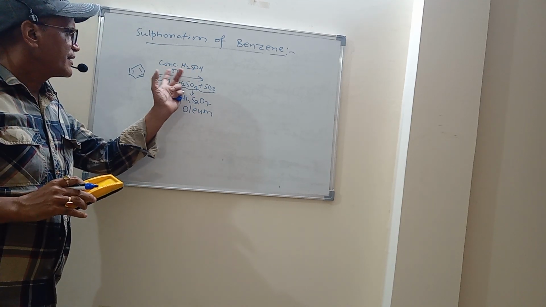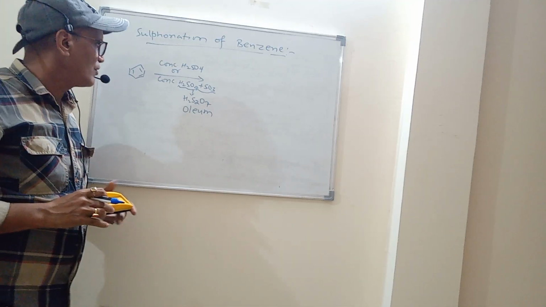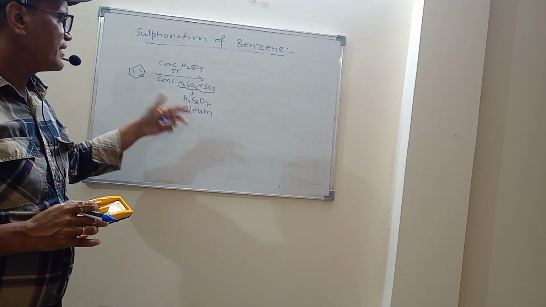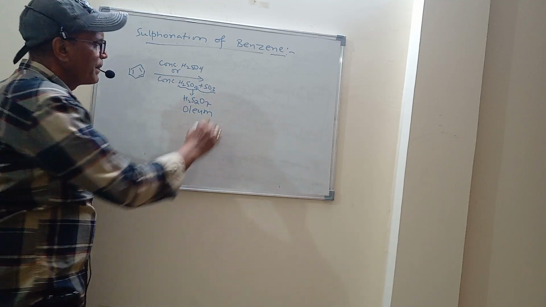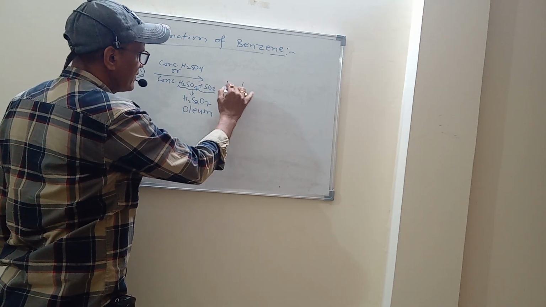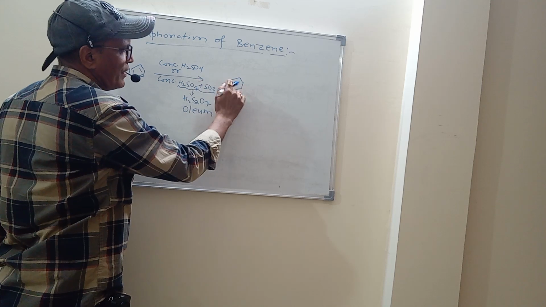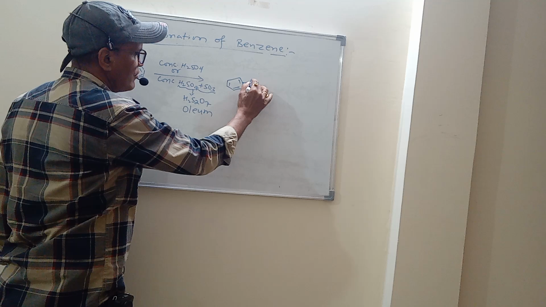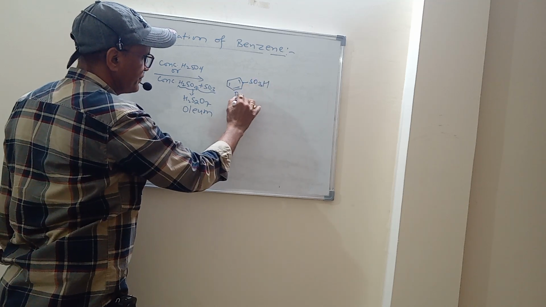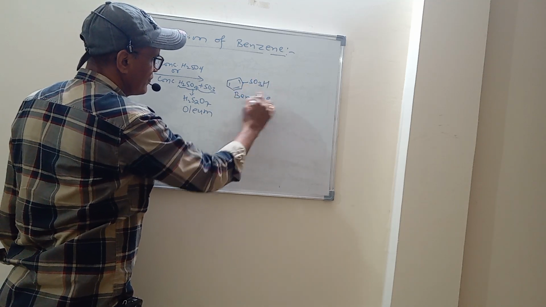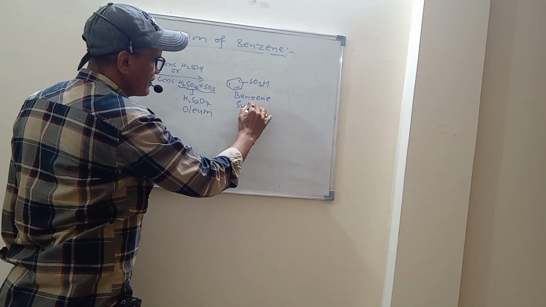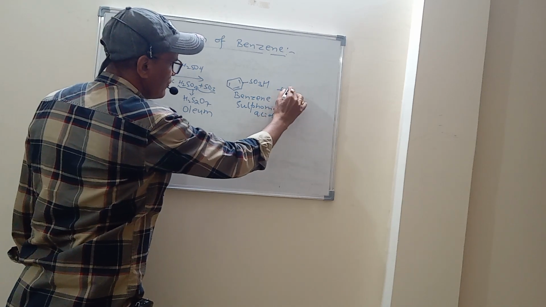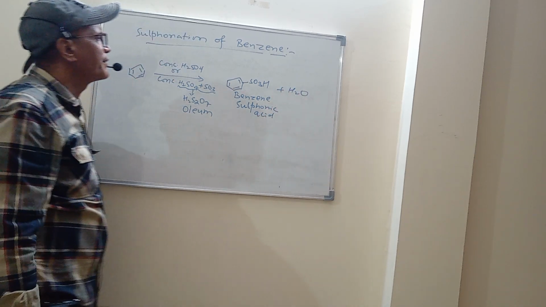So we can take here either concentrated H2SO4, or with concentrated H2SO4 sulfur trioxide gas is also passed there, and here we get benzene sulfonic acid and water as a byproduct.